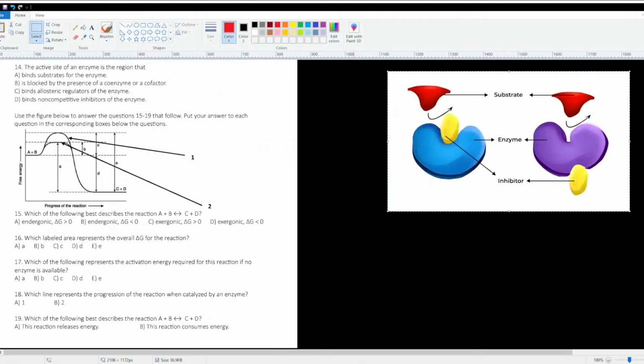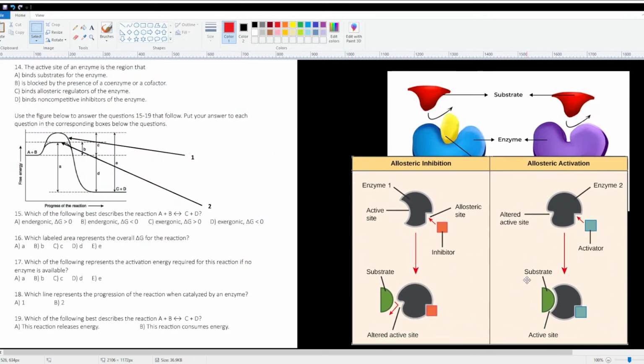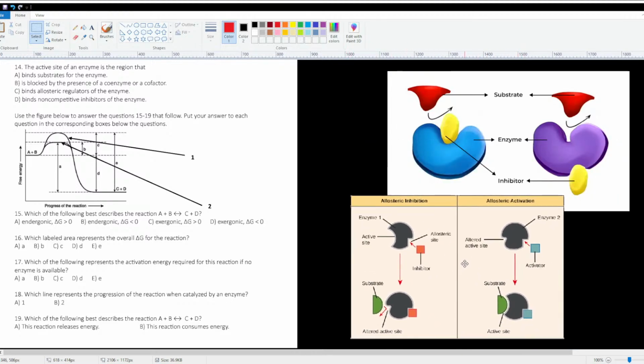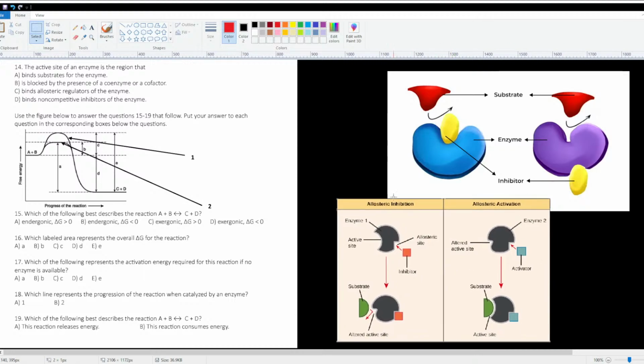So I'll use this one, and then I'll use this one. I'll make this one a little smaller. So look at what's happening here, right? This is of course our enzyme, and we have a couple of different things about the enzyme. Here we have an allosteric site, and here we have an active site.